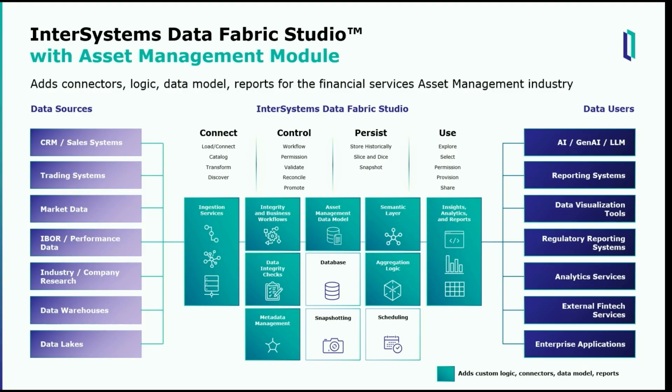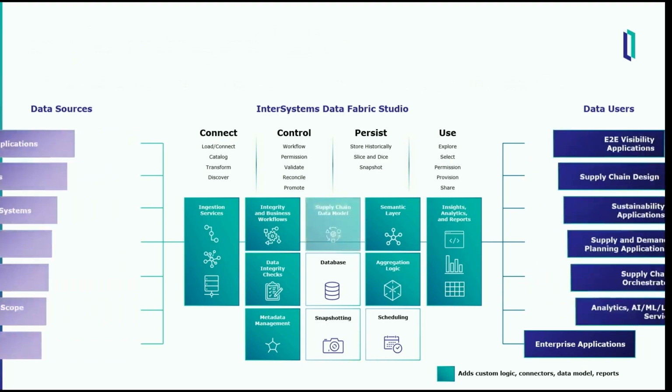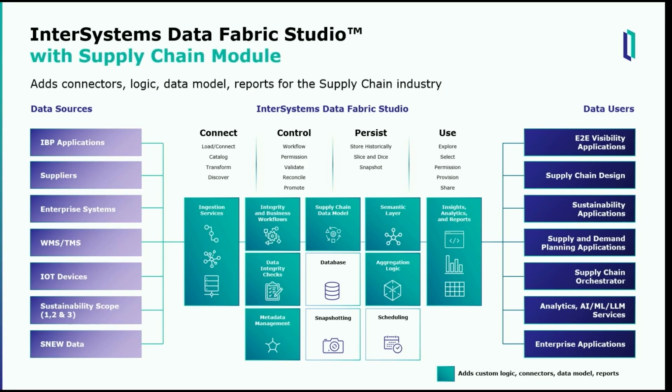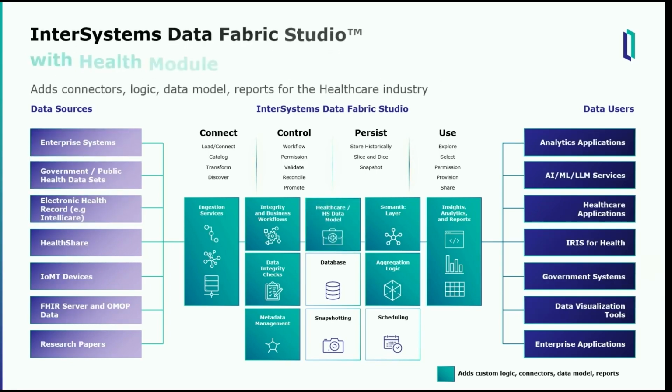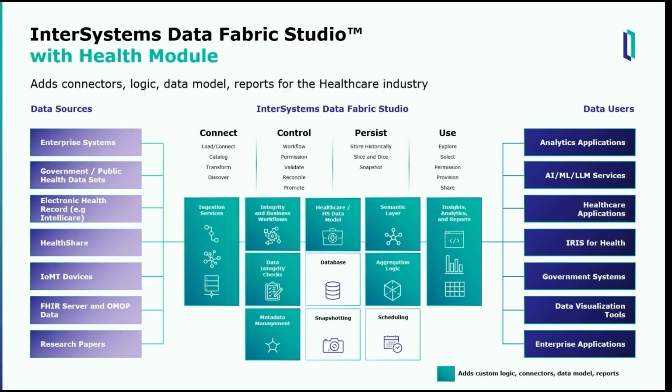And you can see in green how adding the module adds functionality to these different parts of the application, these different services within the application. The same is true with the supply chain module, and then the same is true for the healthcare module. And you can see the data sources on the left change, and some of the data users on the right-hand side change as well. Okay, and again, it's modular, it's meant to mix and match, just the functionality that you need, you can add initially or over time.